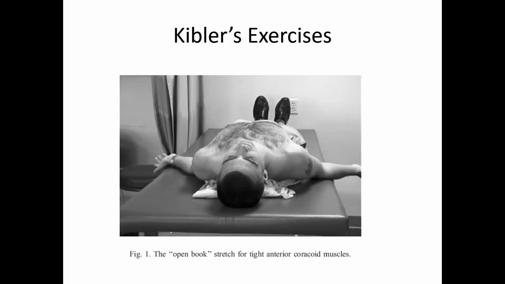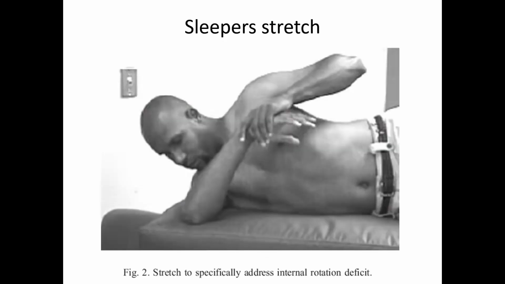These are the open book exercises, used to stretch the anterior muscles, especially the pectoral muscles. This is the sleeper stretch, used to release posterior capsule tightness, and it is very effective.